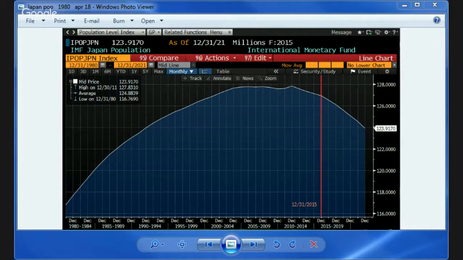If people are less inclined to spend for any reason, but it's a culture-wide phenomenon because of the aging aspect of the culture, then you have deflationary pressures in the economy.